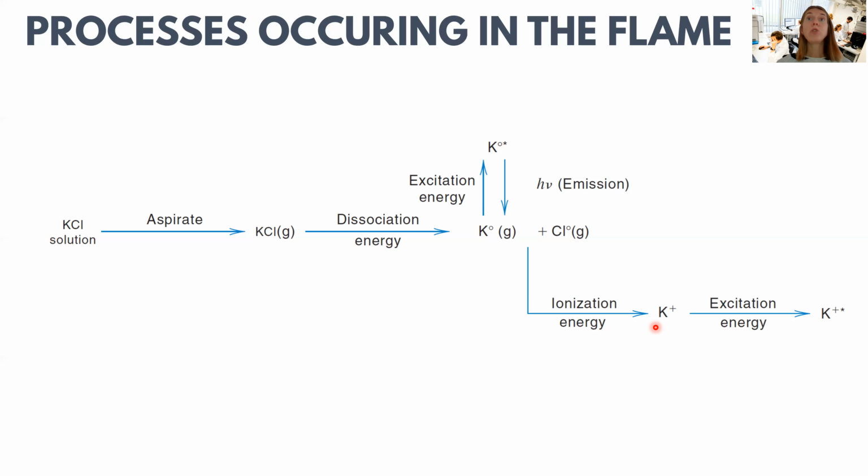Therefore, we try to optimize in our processes the ratio of the excited state of the atom and the ground state of the atom, but at the same time we want to avoid interfering processes such as ionization of the species, or other interfering processes such as oxidation or formation of particles that interfere. But the most important is that we gain a high concentration of the excited species in our medium where we do our atomic emission analysis.